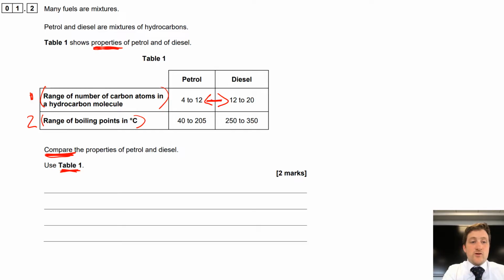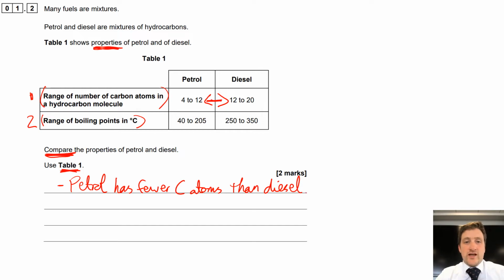Okay, so our first point is petrol has fewer carbon atoms than diesel. So we're putting both sides of it. We're not going to leave it general by saying it or they. That's our number 1 point. We could say petrol has fewer carbon atoms in a hydrocarbon molecule. We can keep it shorter if we want to.